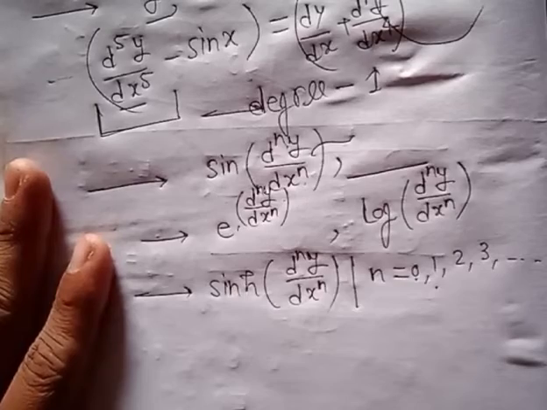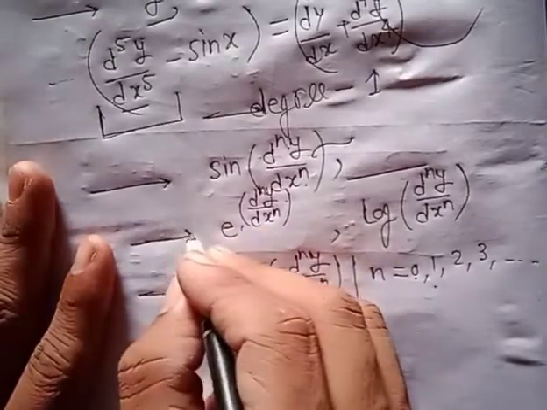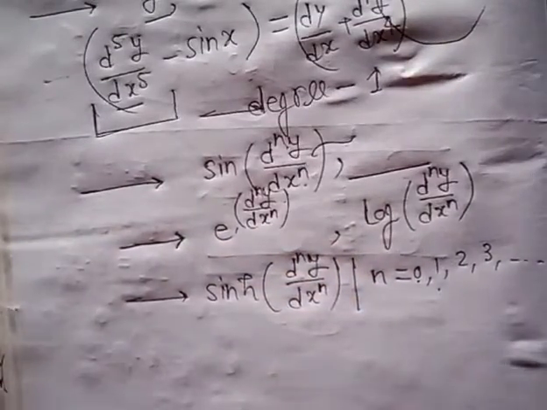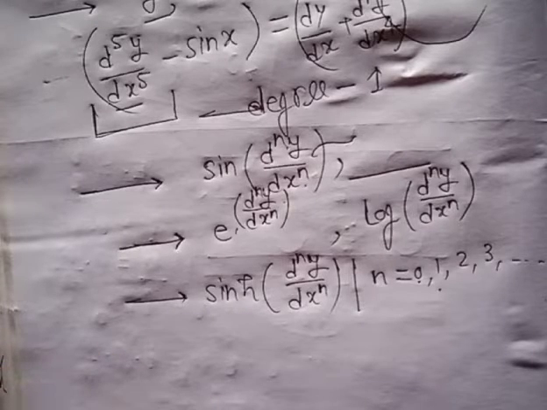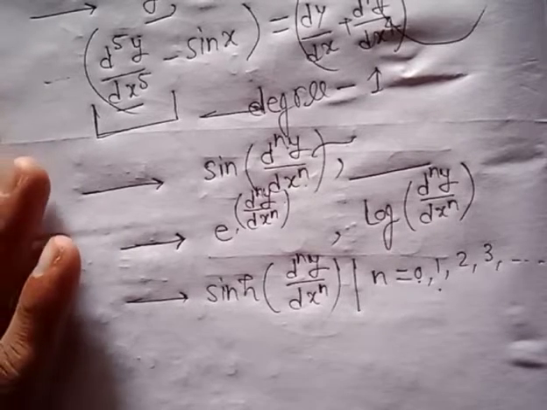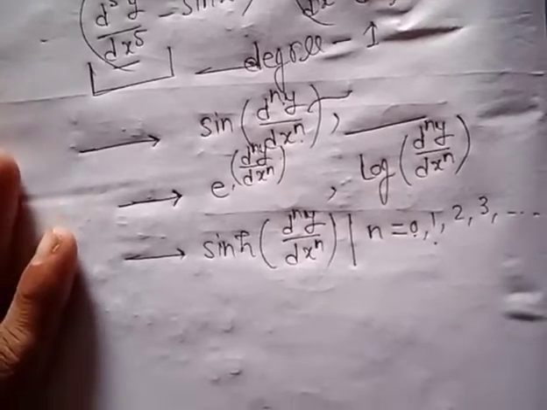What we have to remember is that if these types of terms are included in the differential equation, then we will not be able to define the degree of that differential equation. It is not that we are not able to tell, but we don't define it. Why?